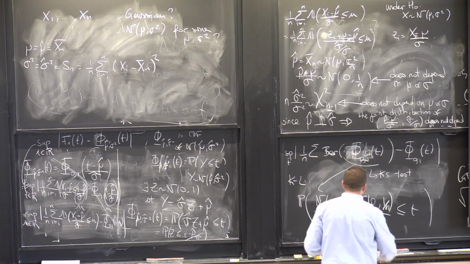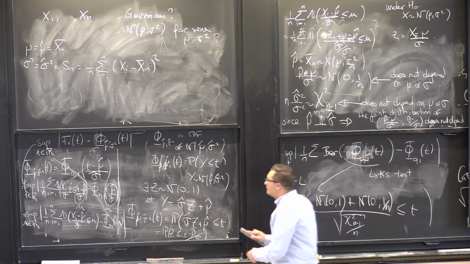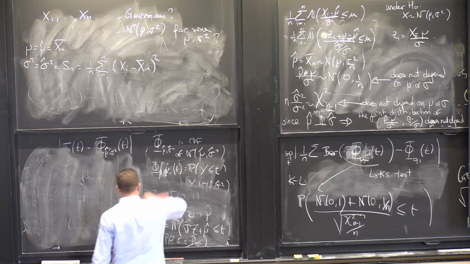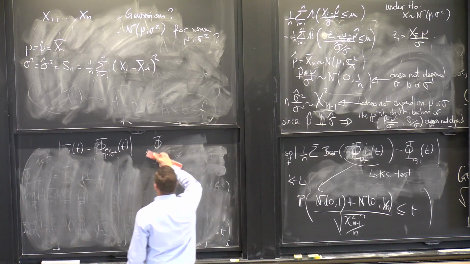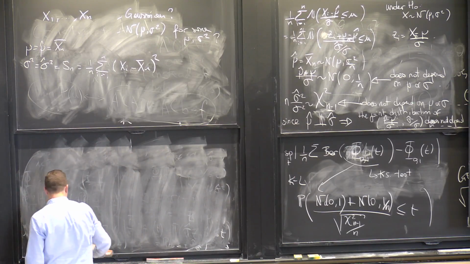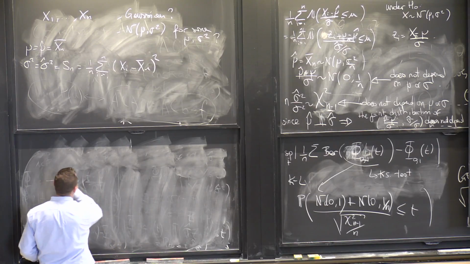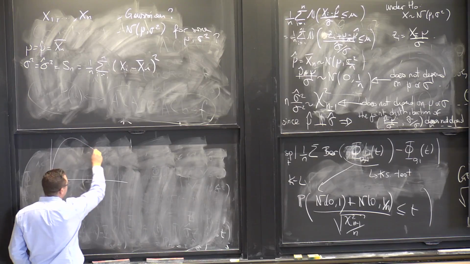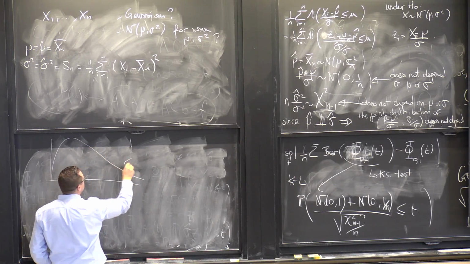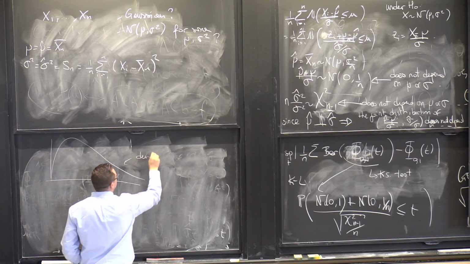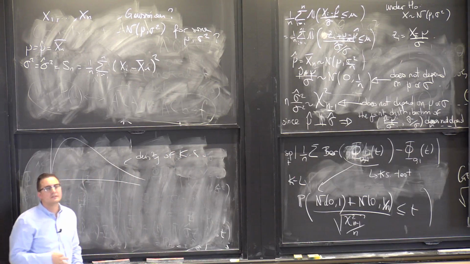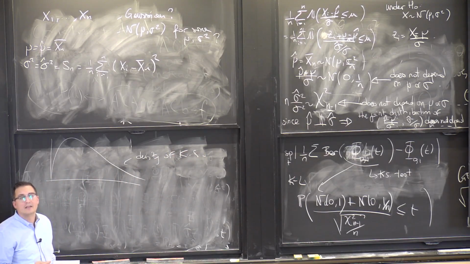So basically, it looks like this. Here we have the distribution, so let's say this is the density for KS. And then we have the density for Kolmogorov-Lilliefors, KL, okay?